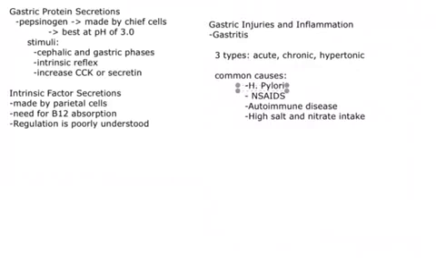Also, there is chronic gastritis caused by autoimmune disease. About 20% of cases are from this autoimmune disease. It's when the immune cells target and destroy and damage parietal cells. It can be seen in type 1 diabetes patients.